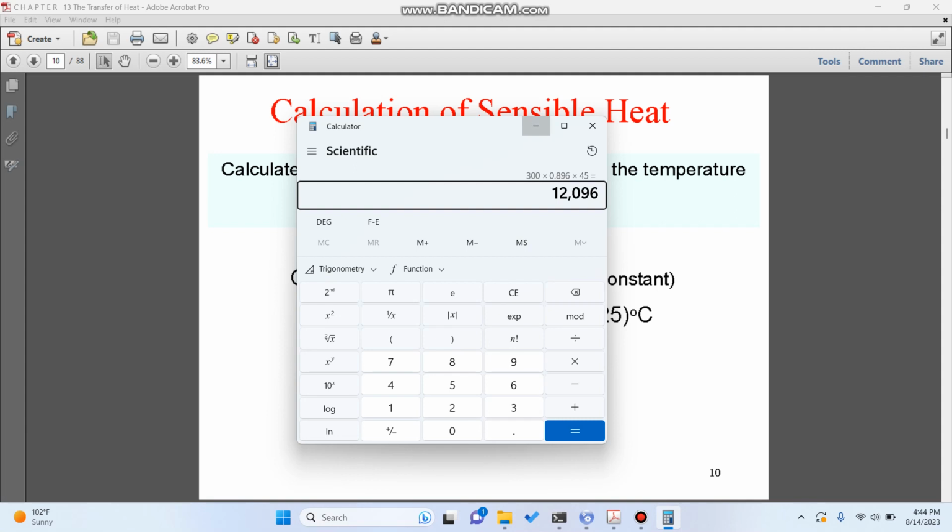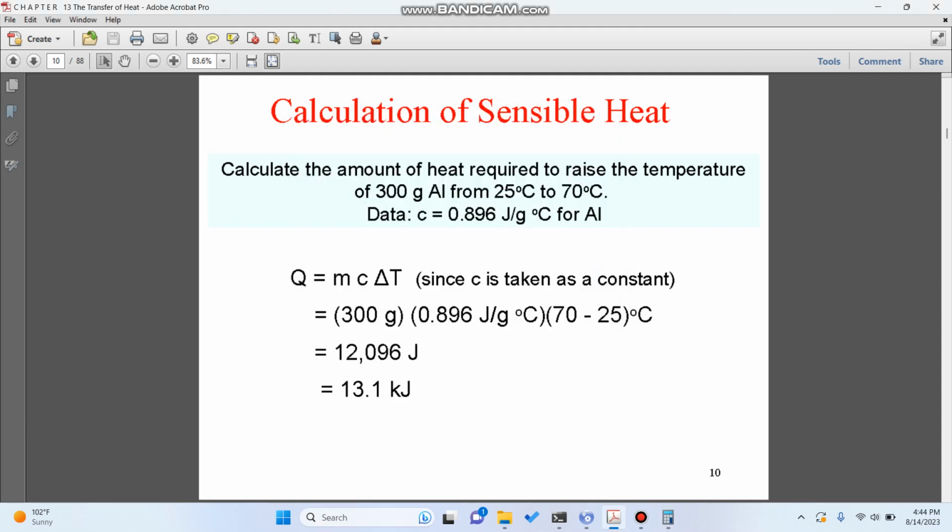If we want to convert it to kilojoule, we just have to divide by 1000 and we get the value in kilojoule, roughly 12.096 kilojoule. I think there is some typing error here. If anyone gets a similar answer, please let me know.